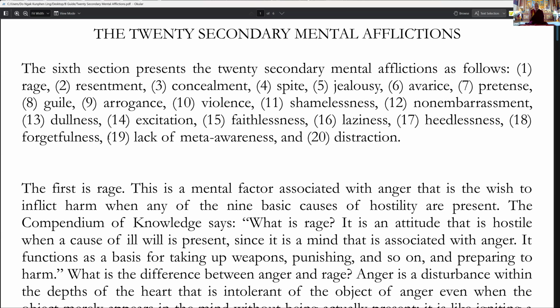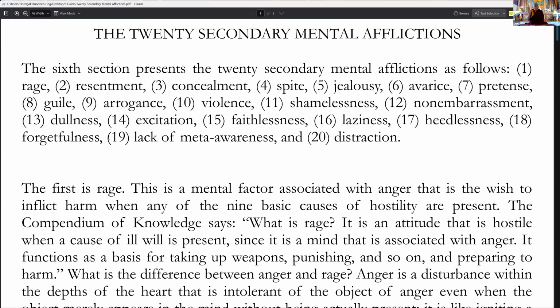How many is that? 1, 2, 3, 4, 5, 6, 7, 8, 9, 10 secondary minds that only bring non-virtuous actions. There are no neutral actions.